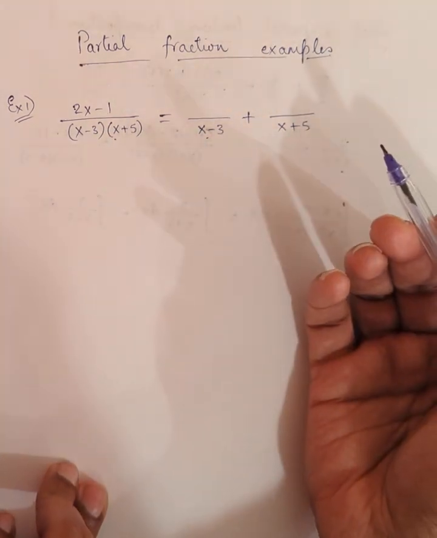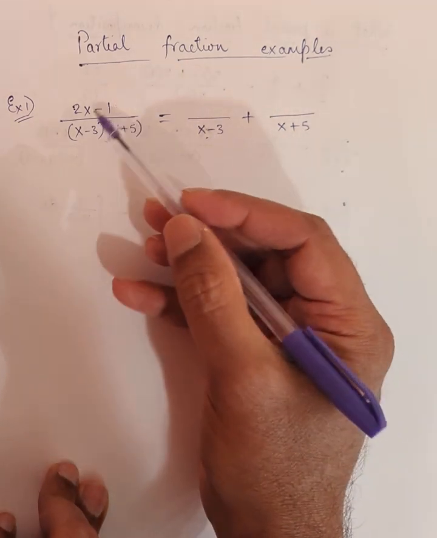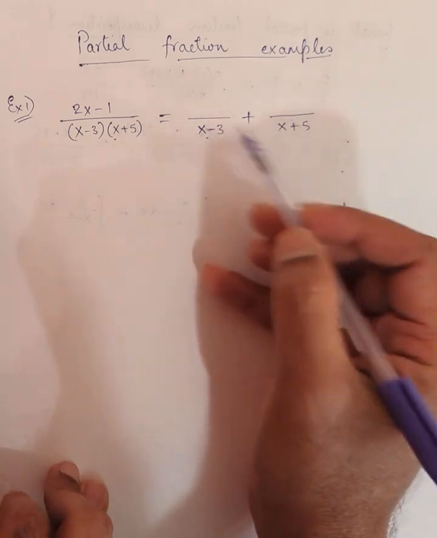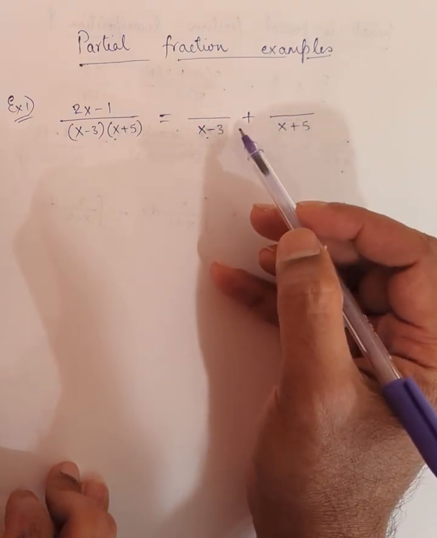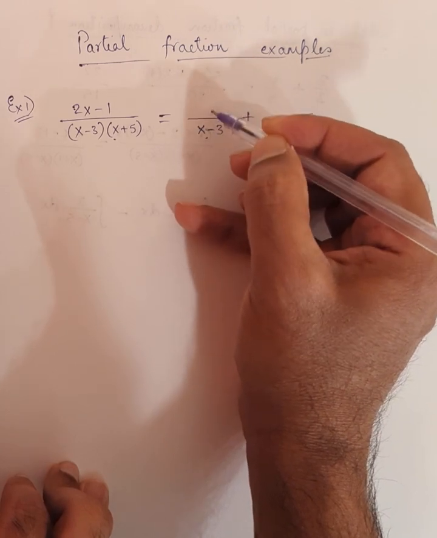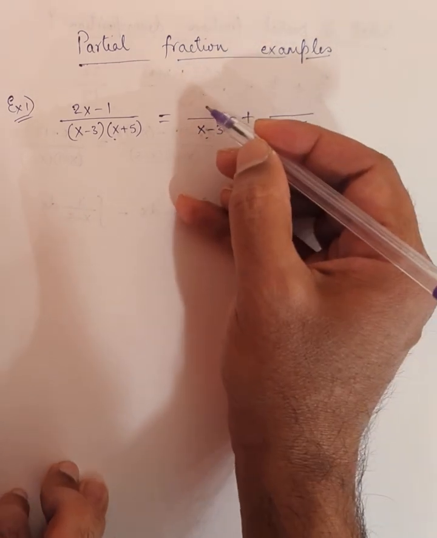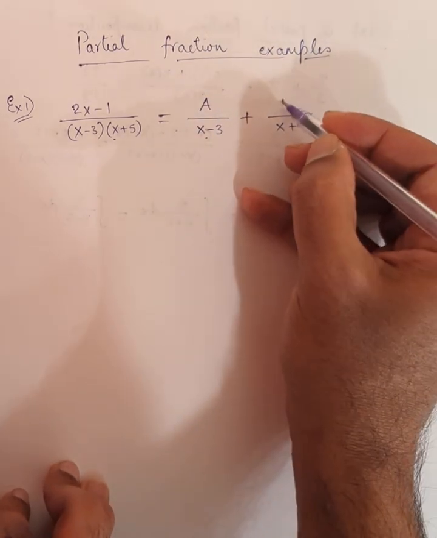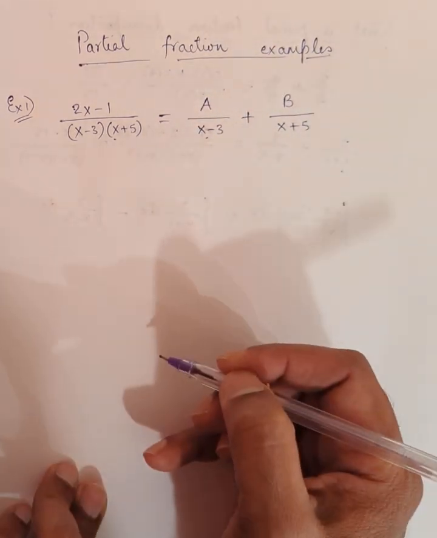Now, what about the numerators? Well, if you start with a proper rational function, you can't have improper fractions here. So that means the degree of the numerator would have to be less than 1, which means it has to be just a constant. Same thing here, it's a constant.